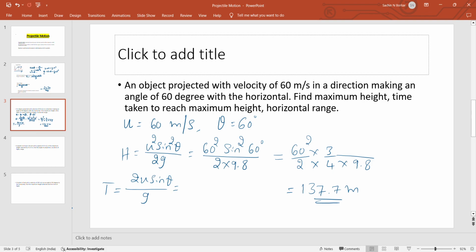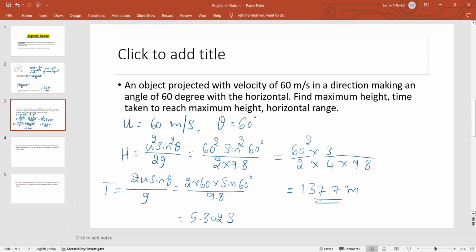If I apply 2 into 60 sine 60 divided by gravity, which is 9.8, it gives us 5.302 second. 2 into 60 into root 3 by 2 divided by 9.8 is 5.302 second.